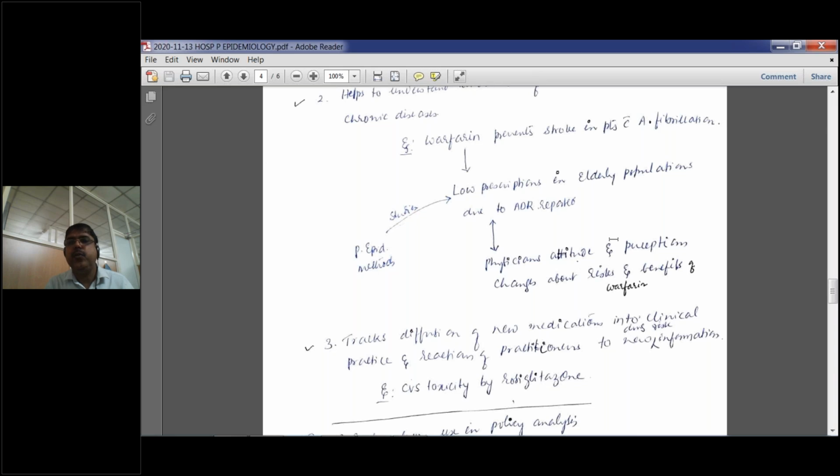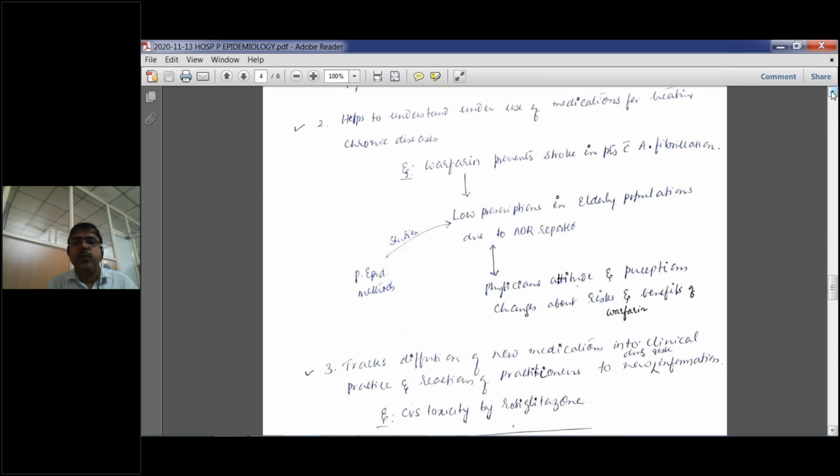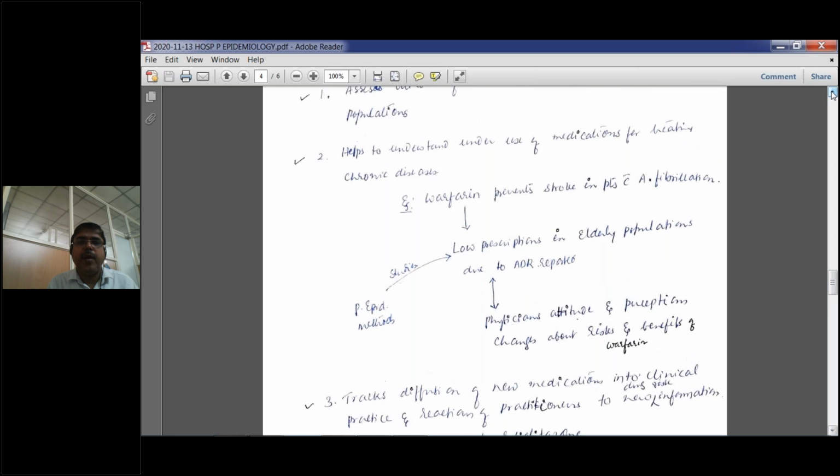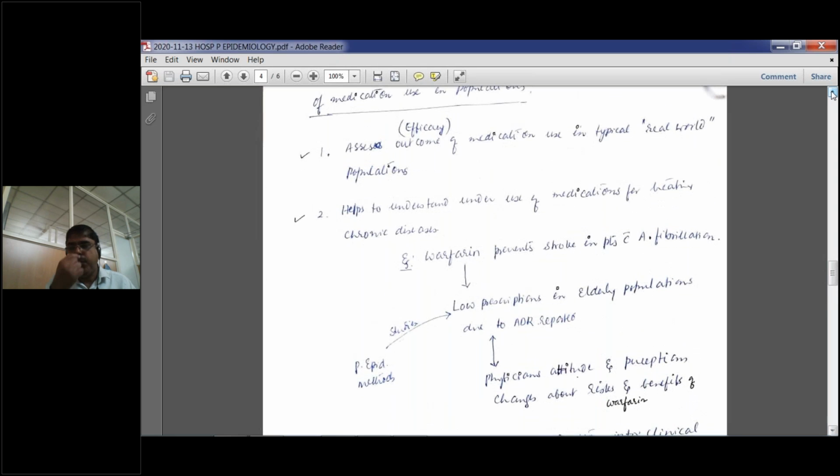So basically, you try to assess the use of the drugs, whether it is underuse or overuse, or whether some anxiety issues or attitude and risk perceptions are involved, especially in the real world population. So the quality of use in such cases decreases. In this case, low prescription is an indicator of low quality service or low quality care, right?